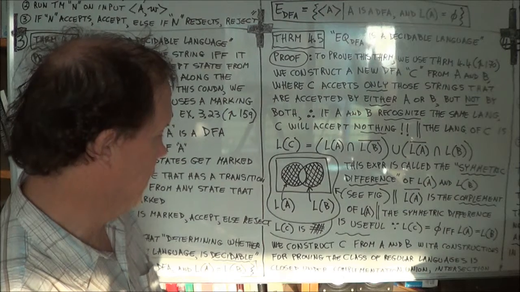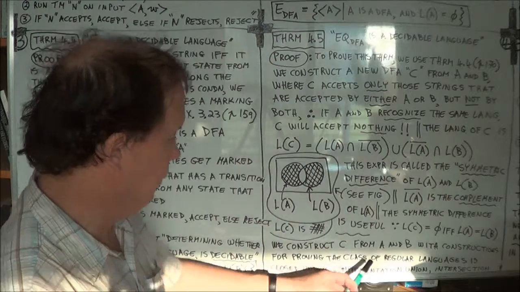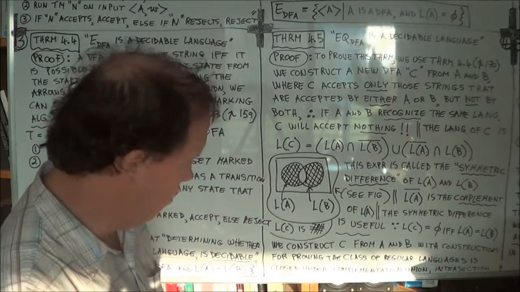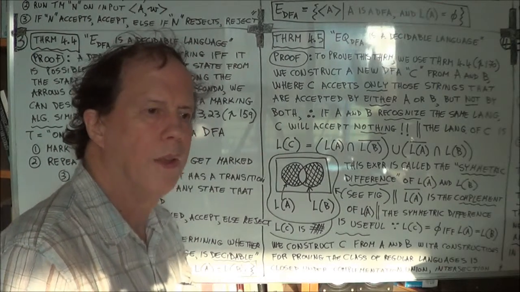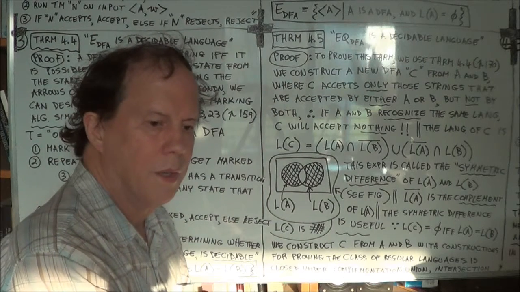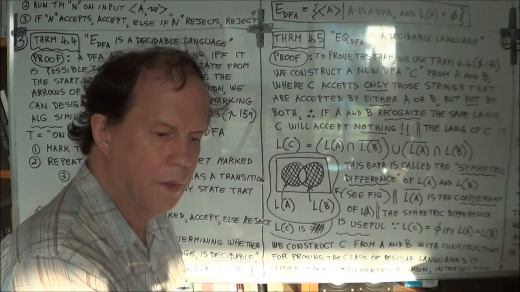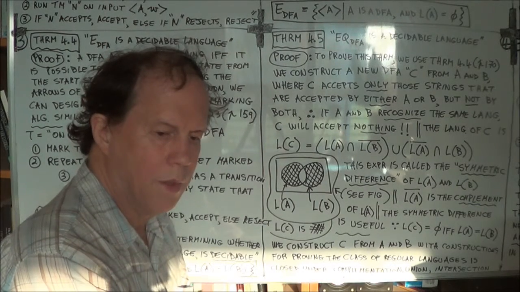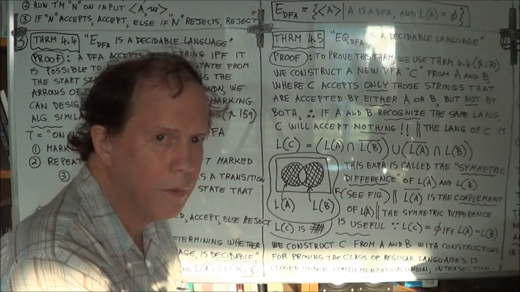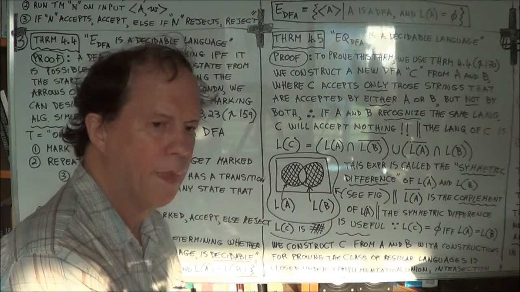All right. Now, how to construct C? Well, we had, let's see, chapter 1, I think, the so-called regular operators, and the set of regular languages is closed under these regular operators. Go back to chapter 1 and refresh your memory if you're rusty.